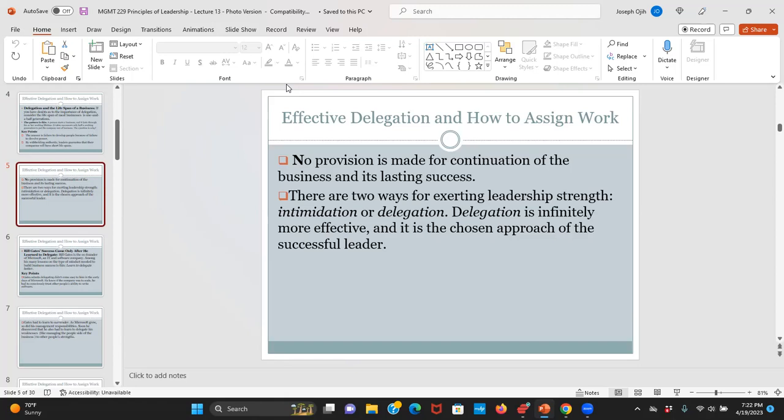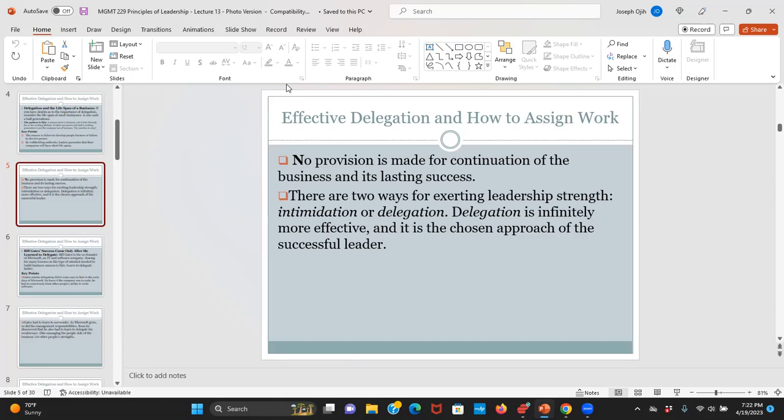Also, there are two ways of exerting leadership strength. The first one is pushing down through intimidation. Yes, you can use intimidation to exert leadership, but that is not the best approach.